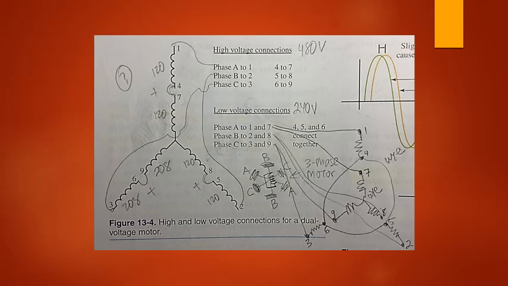Some important induction motors are the three-phase synchronous motor, the wound rotor motor, the dual voltage motor, the single-phase induction motor, and the capacitor start, capacitor run motor. Also, the repulsion induction motor, the shaded pole motor, and the stepping motor are some of the types of induction motors discussed.